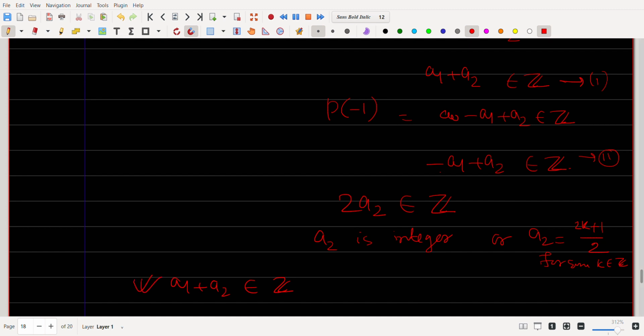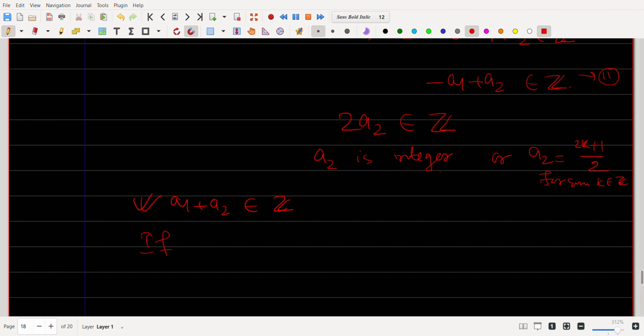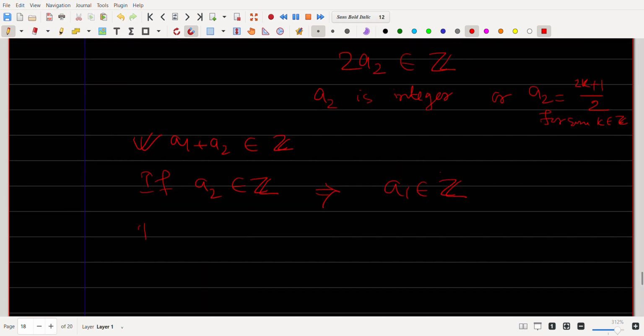Now a1 + a2 belongs to Z, that is given. So if a2 belongs to Z, that will imply a1 also belongs to Z.